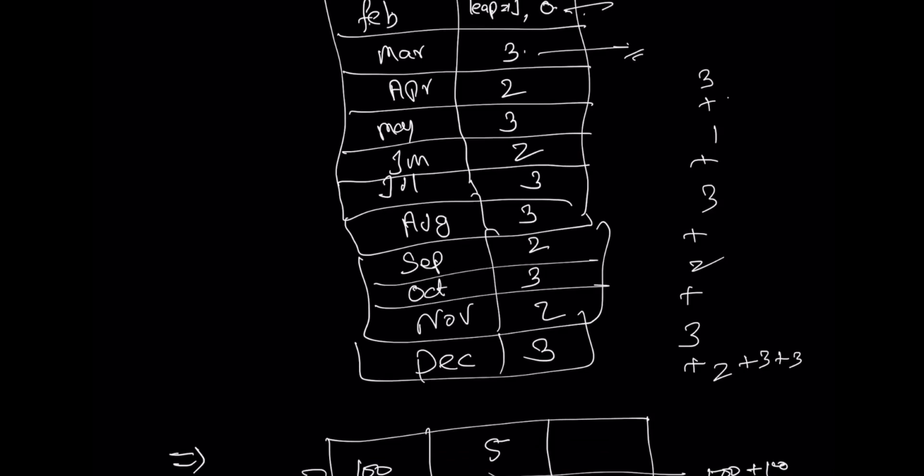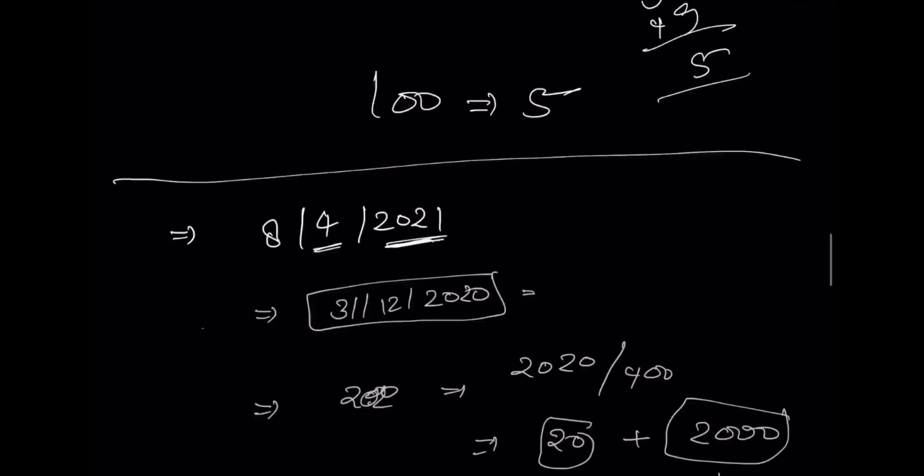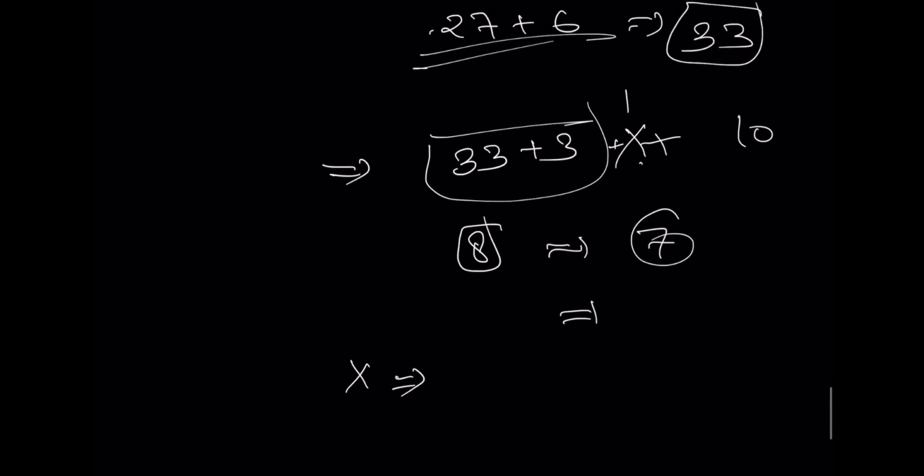So yeah, only for 7, not 8, because 8 is our actual date. So 3 plus 1 is 4, plus 3 is 7, plus 2 is 9, plus 3 is 12, plus 2 is 14, plus 3 is 17. So total 17. So our x is 17.